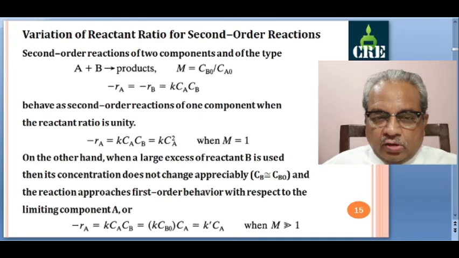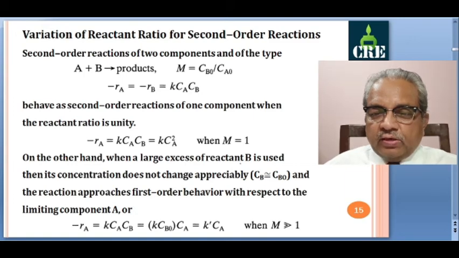On the other hand, when a large excess of B is used, then 1 mole of A reacts with 1 mole of B. If B is in large excess, let us say A concentration is 1 and B is 50. Even if A is completely consumed and the reaction is over, 49 moles are still remaining.